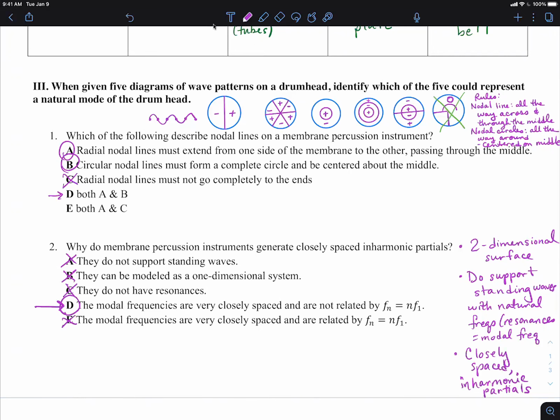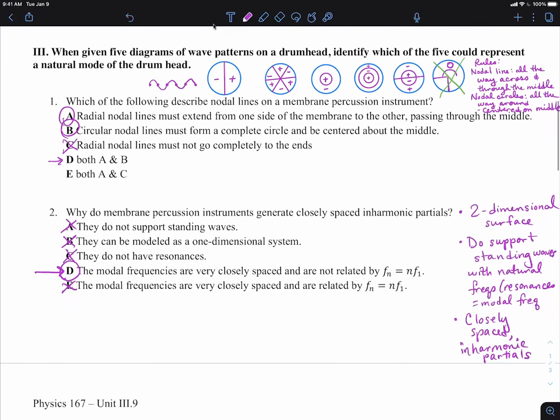It's also false. So that means that a spectrum from a membrane instrument might look like this. Something like that, just a whole bunch of different lines.